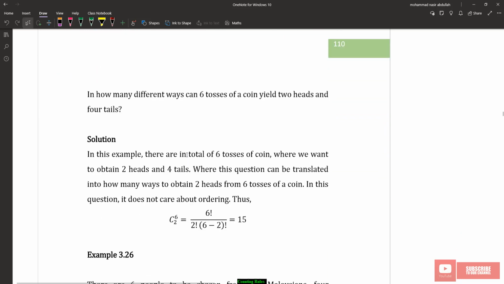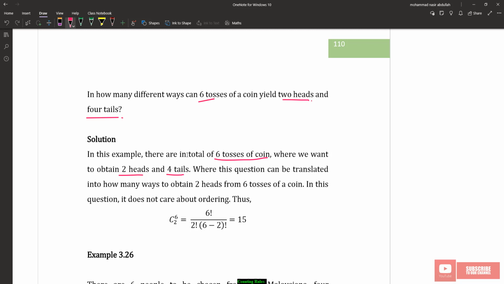So now let's look at example number 3.25. In how many ways can 6 tosses of a coin yield 2 heads and 4 tails? So in this example, there are a total of 6 tosses of a coin where we want to obtain 2 heads and 4 tails.